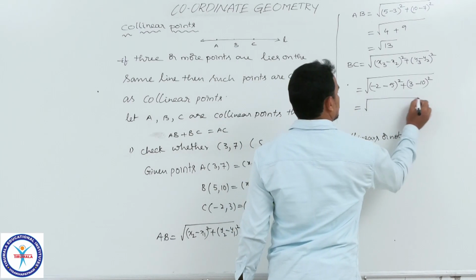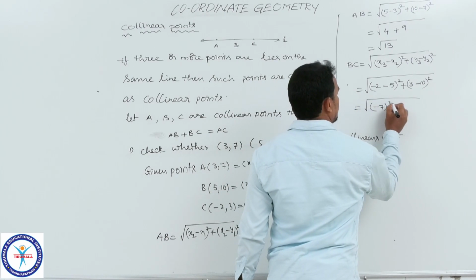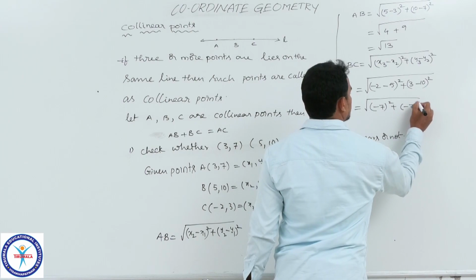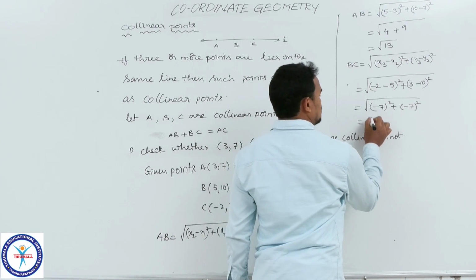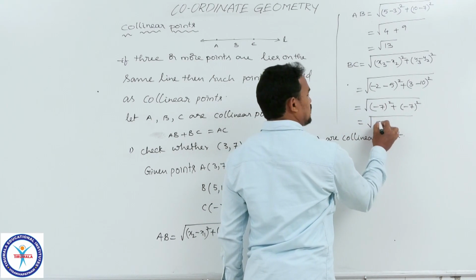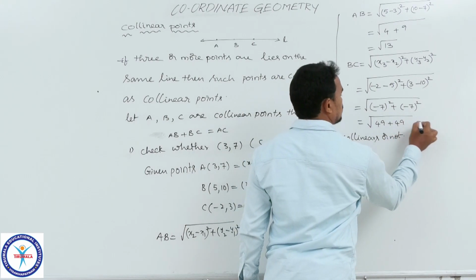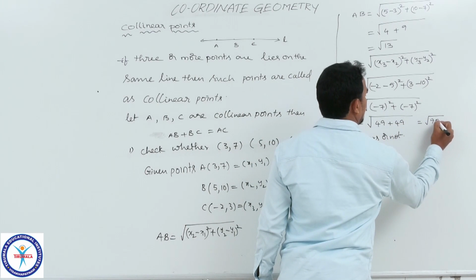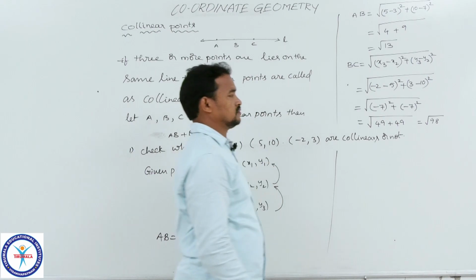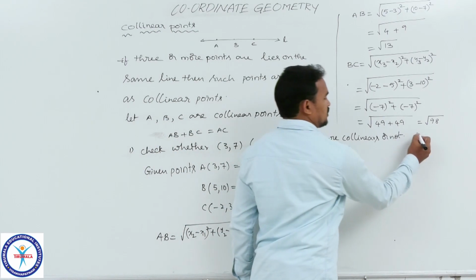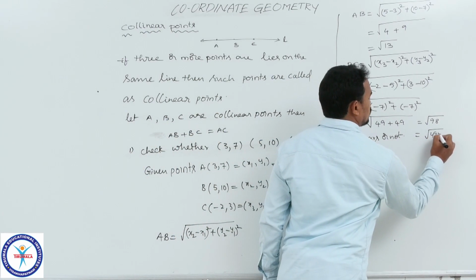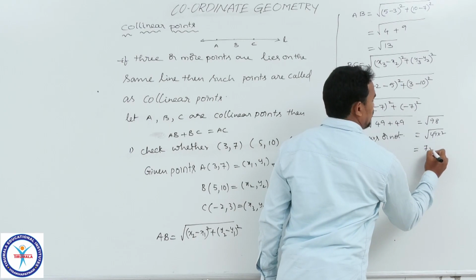So that equals minus 7 whole square plus minus 7 whole square, which is 49 plus 49, that is 98. 98 is nothing but root 49 into 2, so 7 root 2.